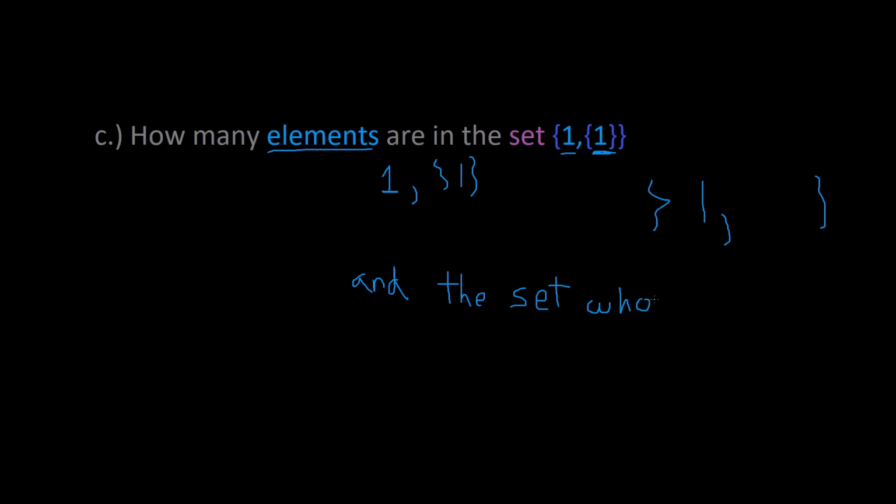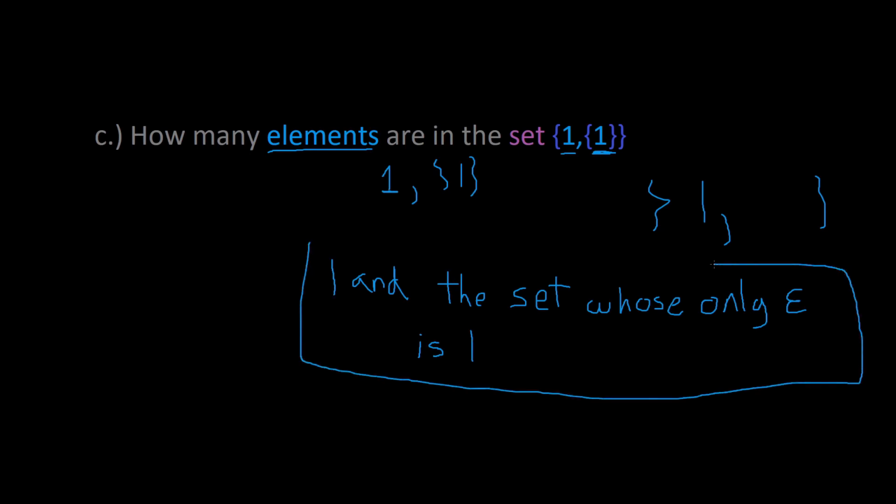And what does it mean to be a set? You have elements within it. So I hope you guys are understanding what the process is now. We have sets and we have elements. Really important. Whose only element, it's how I'll write element like this now, is 1. So that would be our answer. 1 and the set whose only element is 1.